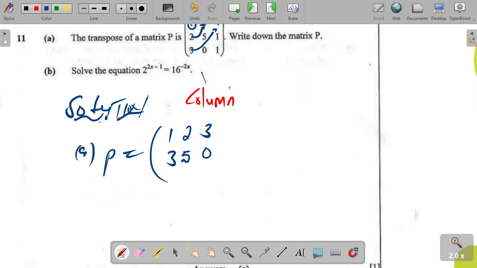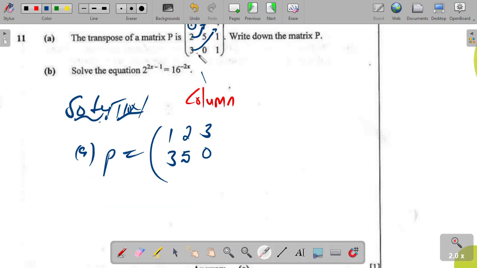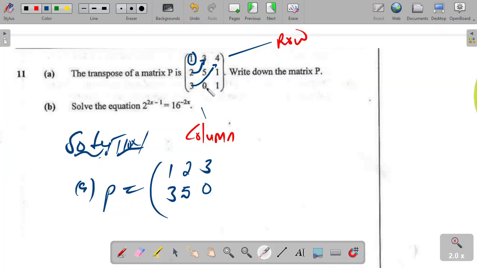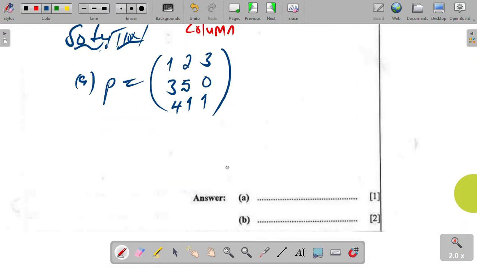The fourth one, this one here, 4 1 1, will be put on the last row. So it will be 4, 1, 1. This is how you transpose. You close the bracket. This is your final answer.